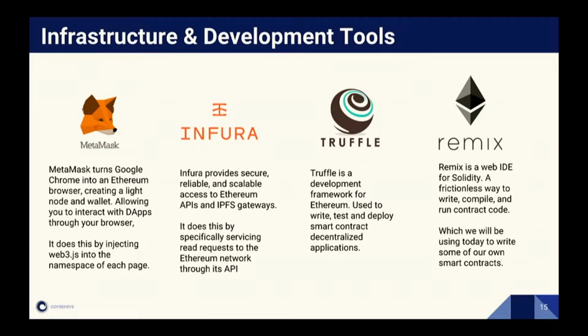Infura is basically your connection to the blockchain. If you want to build an application right now, you're probably going to have to spin up a node on your computer and wait a couple of hours to download about 80 gigabytes worth of blockchain data before you can start developing.